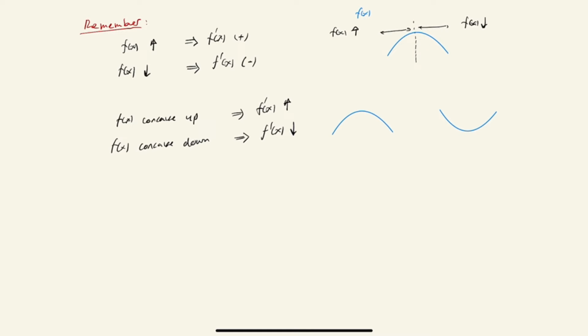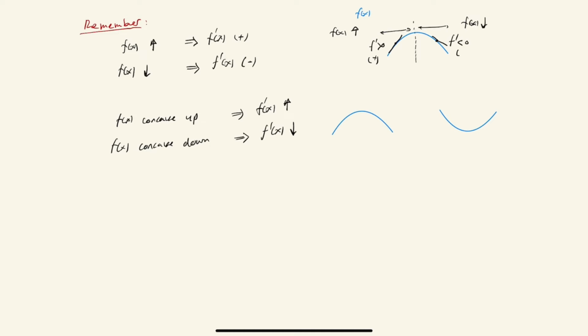Now to determine the behavior of f prime of x, I'm going to draw tangent lines, since the slope of this tangent line is going to be the behavior of the derivative. Here the slope is positive, which means the derivative is going to be positive, and then here the slope is going to be negative, which means the derivative is also going to be negative.